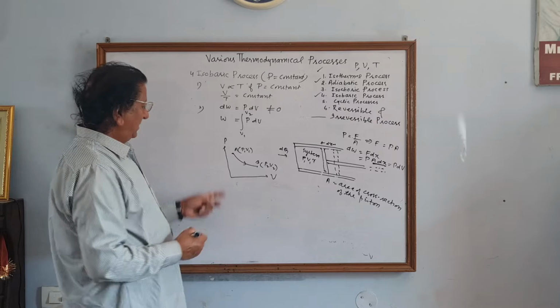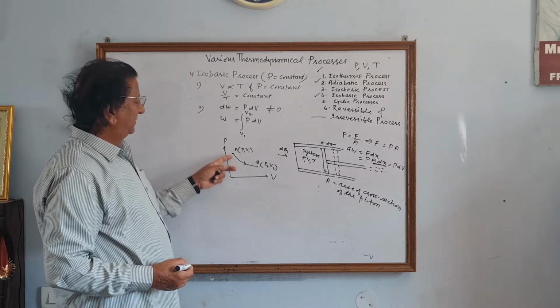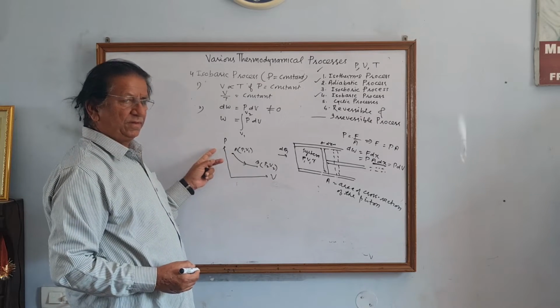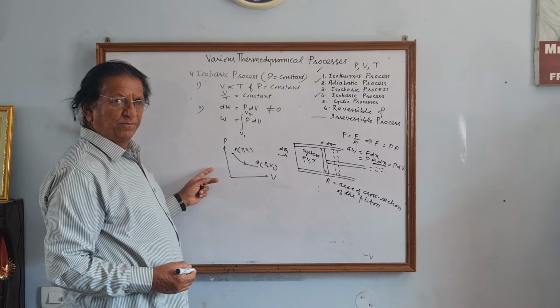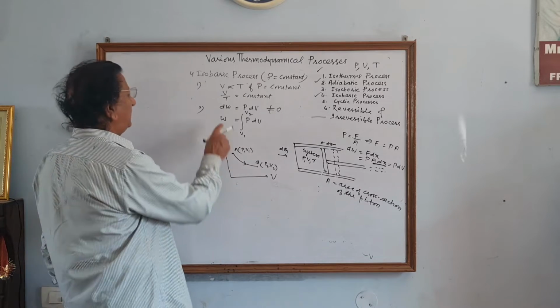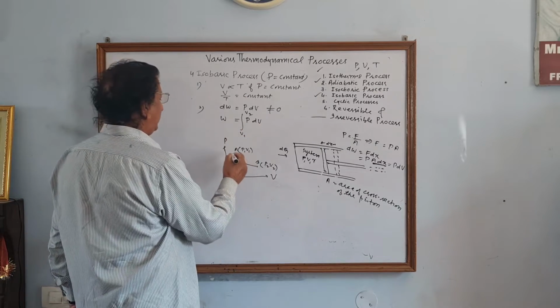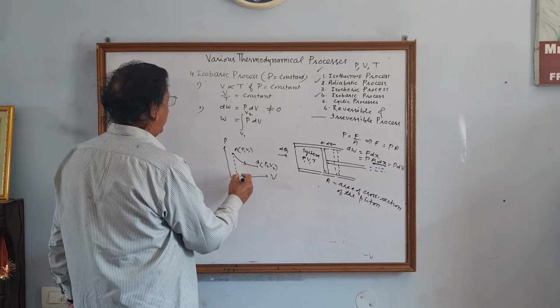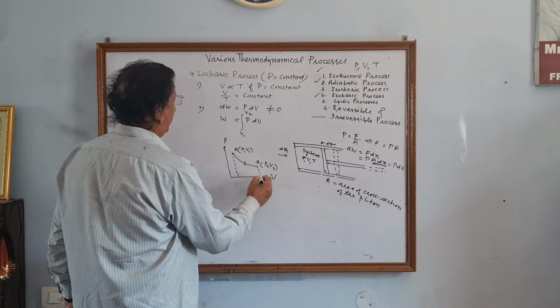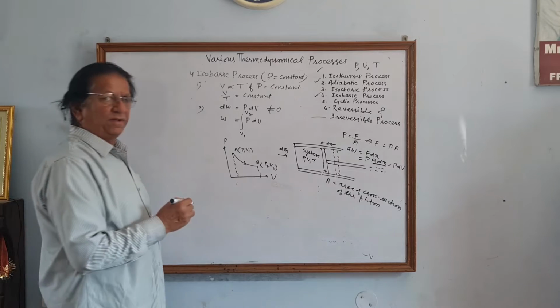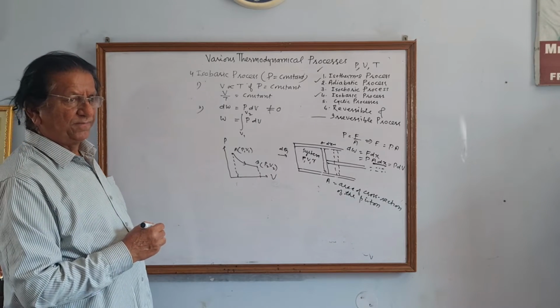With increase in volume, there is decrease in pressure, and work done is P into dV. So you can get this from this graph also, from this PV diagram. PV diagram is also called an indicator diagram.